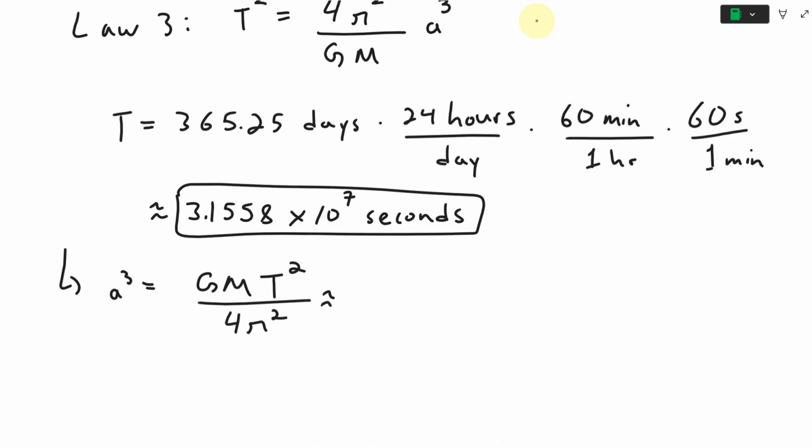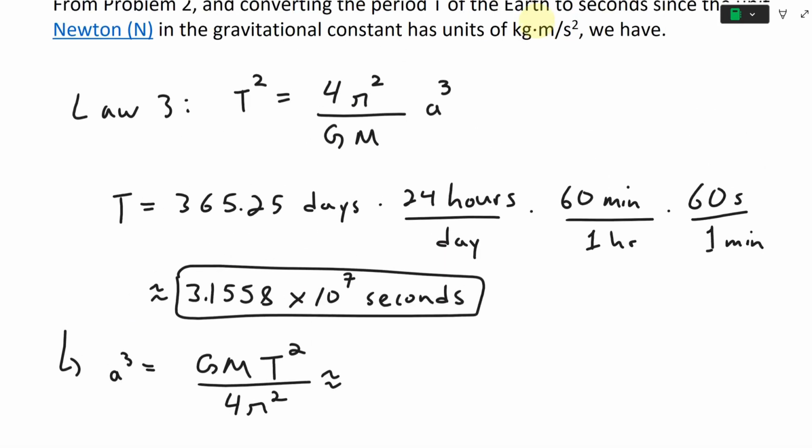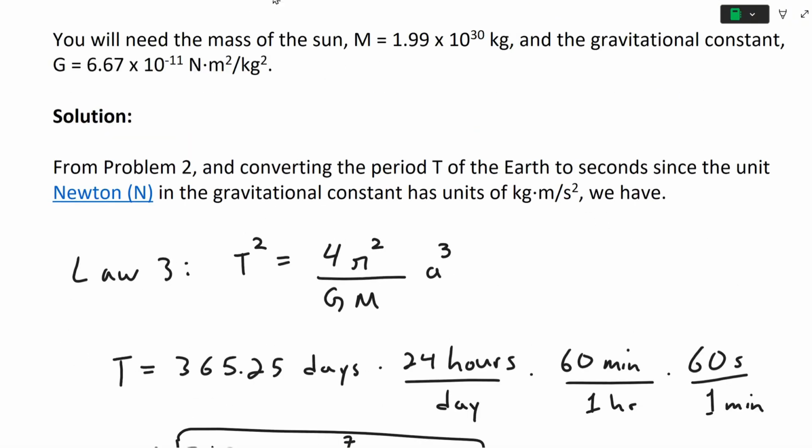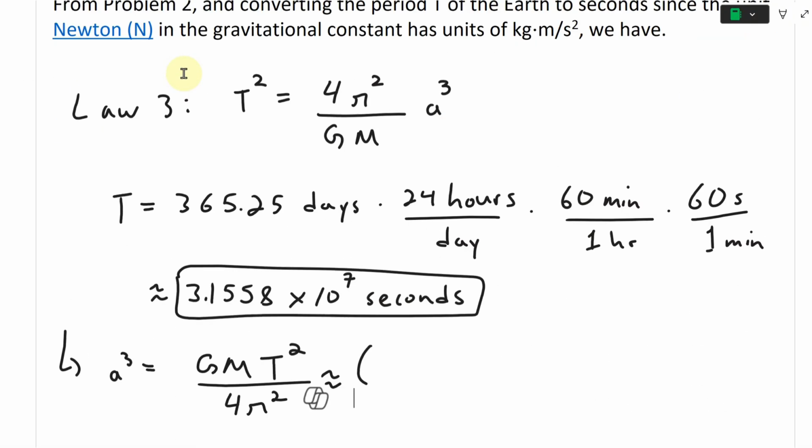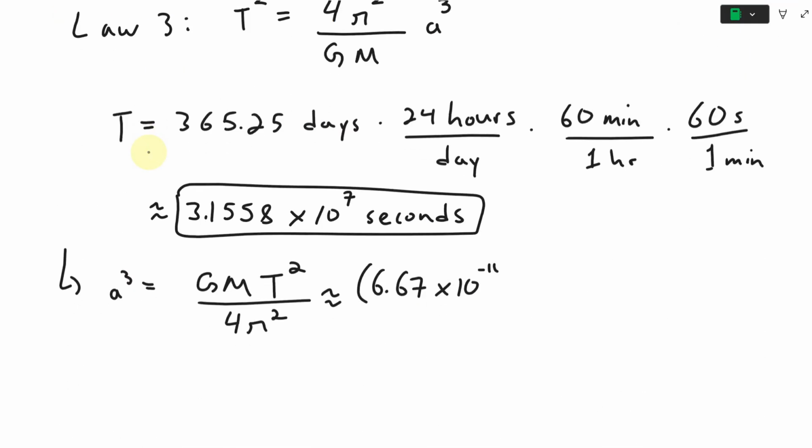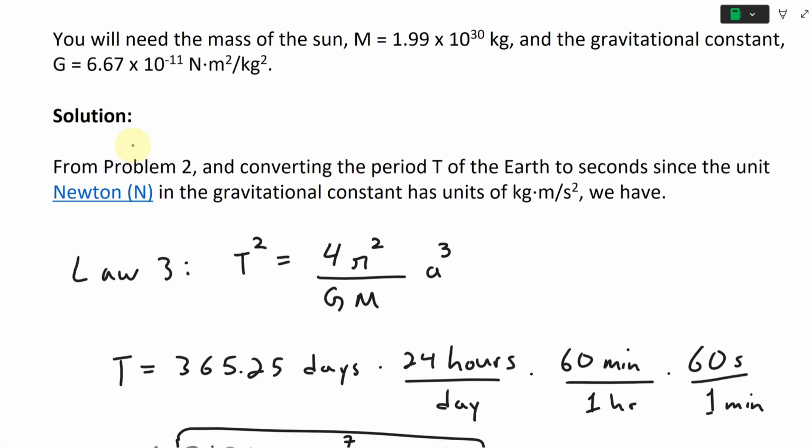Now this is going to be approximately equal to all those figures, because those aren't exact values. G is 6.67 times 10 to the negative 11, in units of Newton meters squared over kilograms squared.